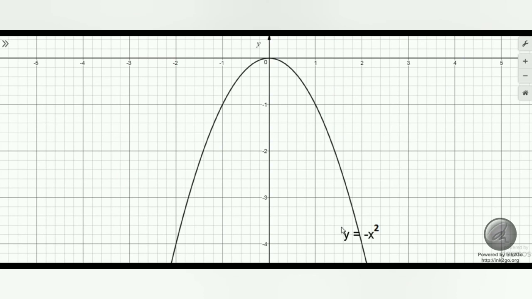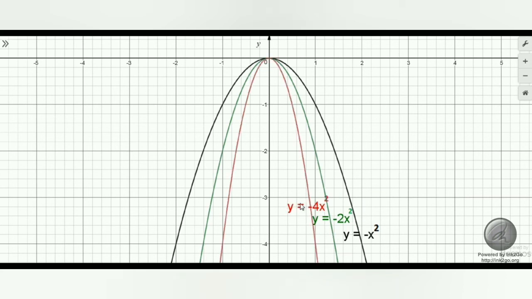Now it's time to see some common properties of the functions y equals negative ax squared. For that, let's take the functions y equals negative 2x squared, y equals negative 4x squared and y equals negative 7x squared.